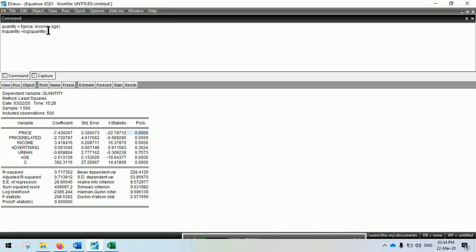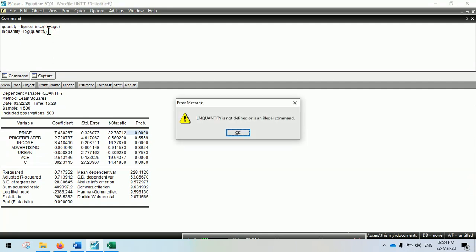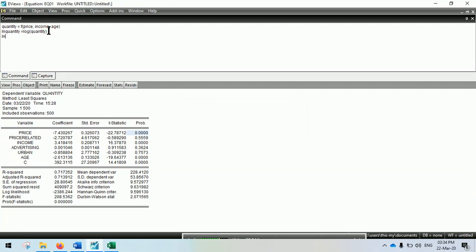Then I also have ln price equal log price, and ln income equal to log income, and ln age equal to log age. So how to do that?